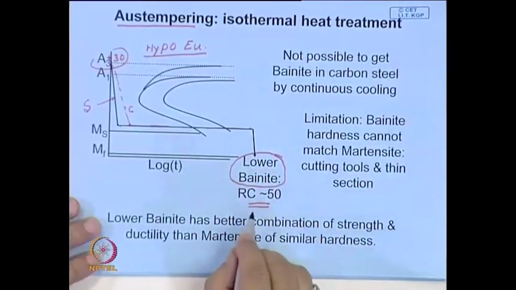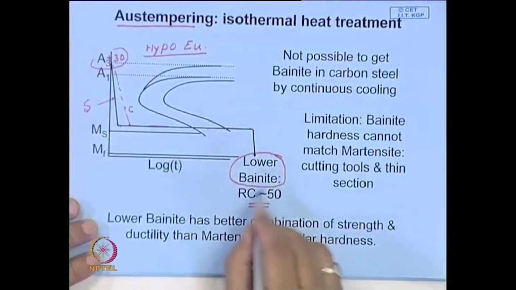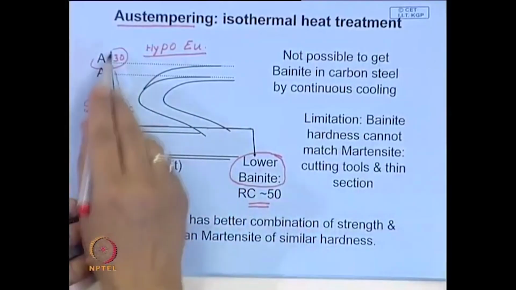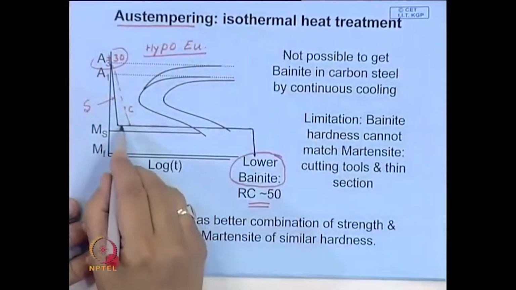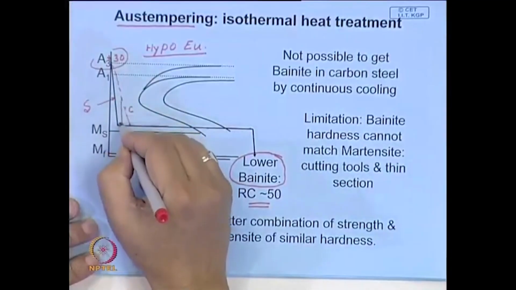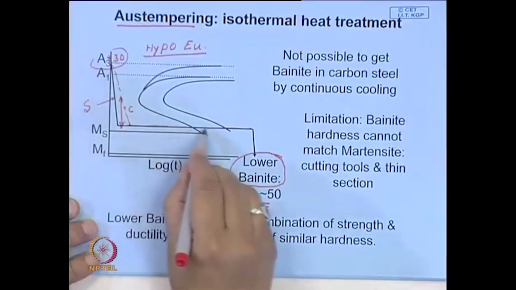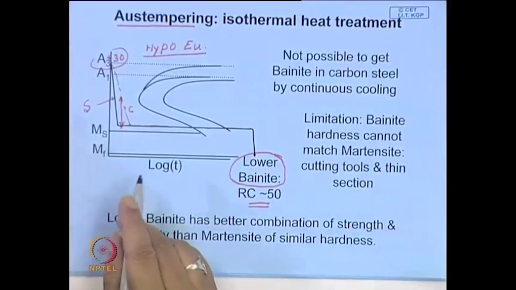This hardness matches with the hardness that you can get after hardening and tempering. If you follow this kind of procedure, you are able to control the temperature difference between the core and the surface to some extent, so that you can minimize the residual stress that will develop during the transformation process.